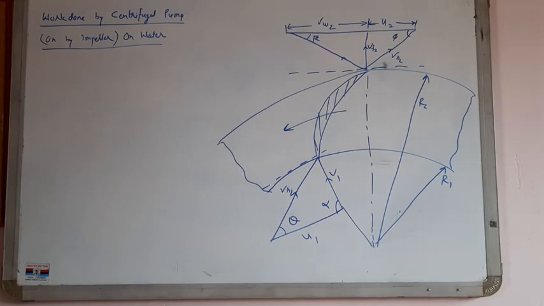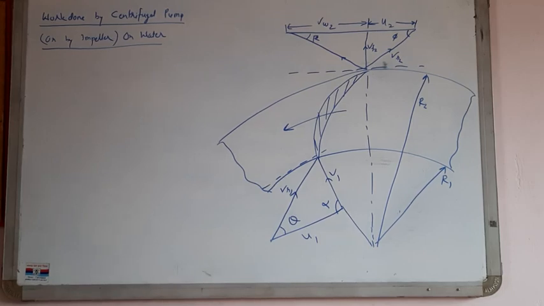The expression for the work done by impeller on water is obtained by drawing these velocity triangles at inlet and outlet of the impeller in the same way as for the turbine.